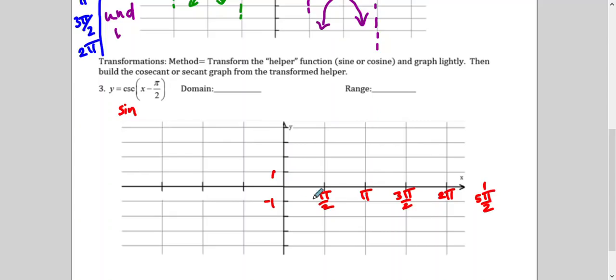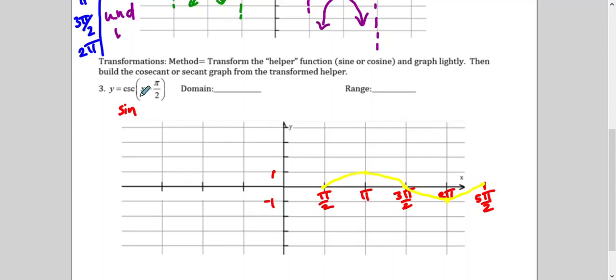Alright, so then I'm going to graph really lightly. Maybe I'll try the yellow. I'm going to graph the sine. The sine would start at pi over 2, and then it would go up, back to the midline, down, back to the midline. So that's my sine, shifted to the right pi over 2.